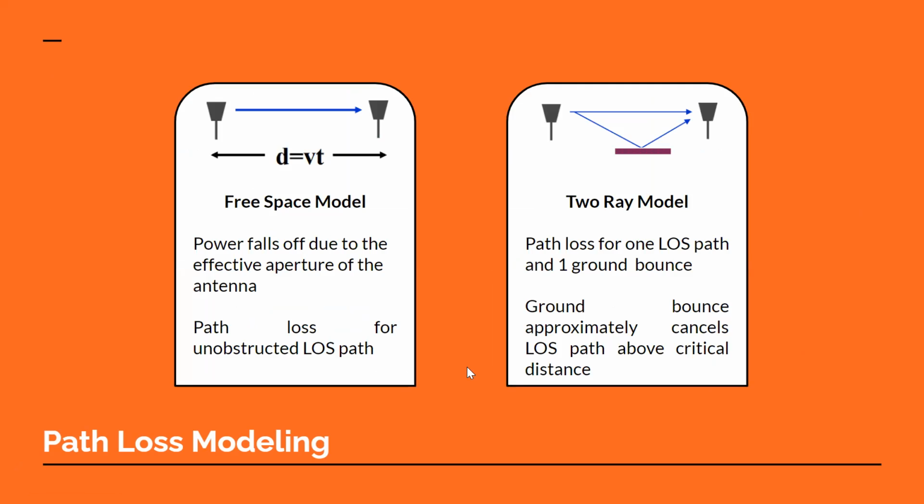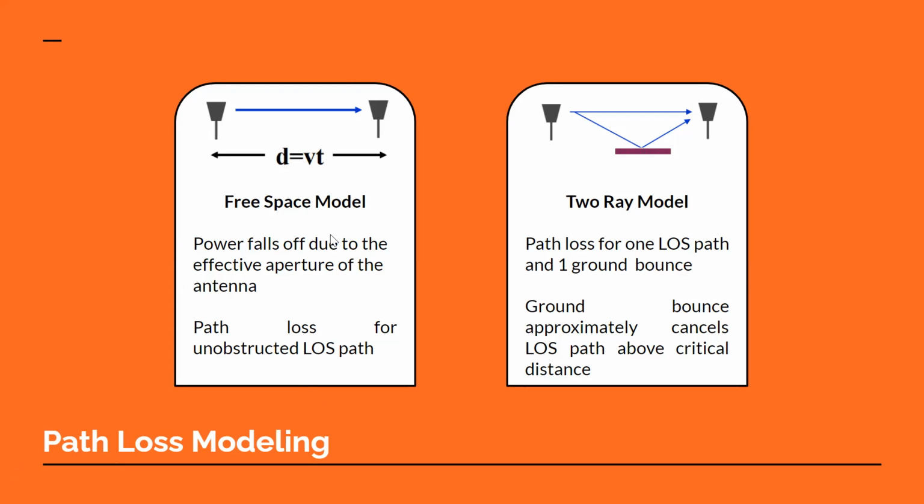Now, I will tell you more about two models. The first one is the free space or LOS model. As you can see, the system is transmitter and receiver separated by distance d. Its power falls off due to the effective aperture of the antenna, and also path loss for an unobstructed LOS path.